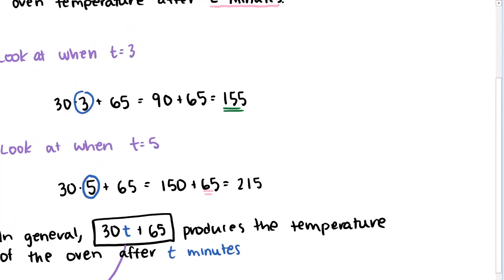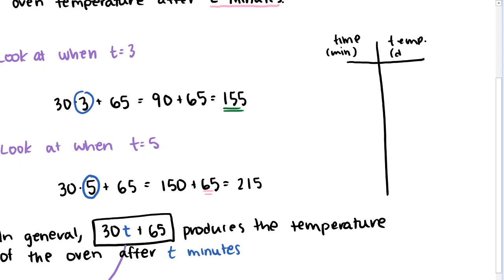A lot of what we've done here is a lot like what we do when we make a table, right? So here in the past we've made tables. Here this would be time in minutes, and here this would be temperature in degrees Fahrenheit.